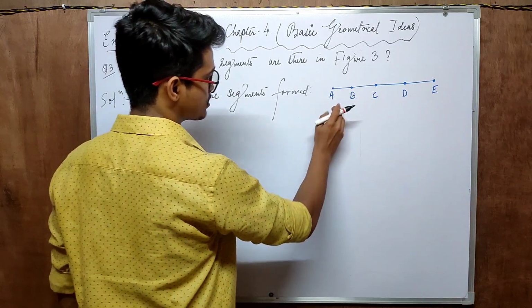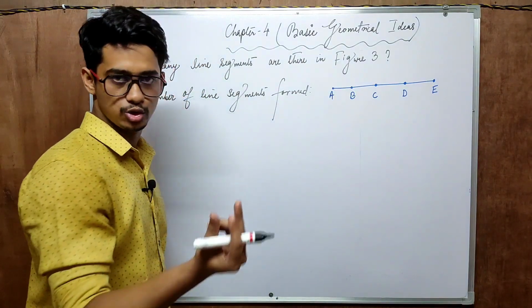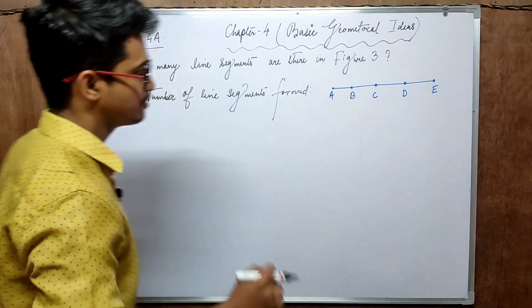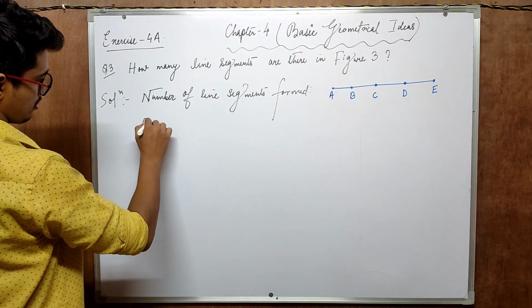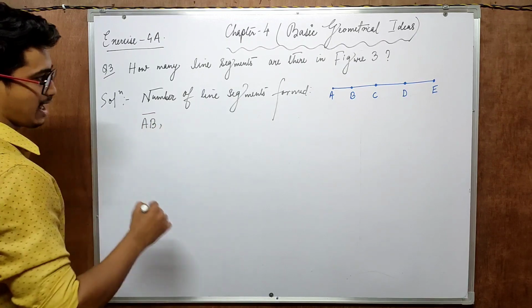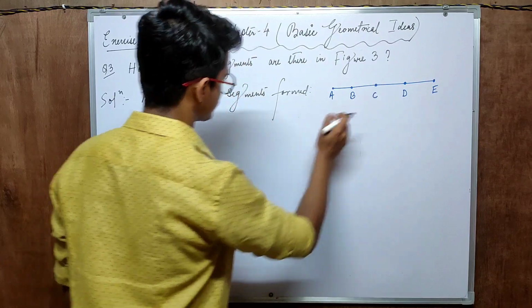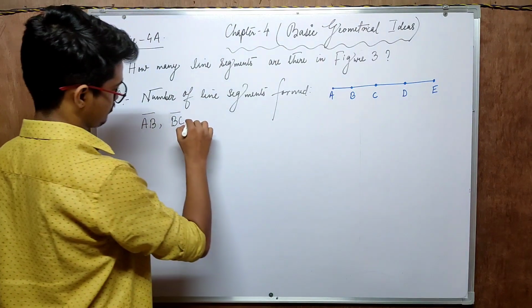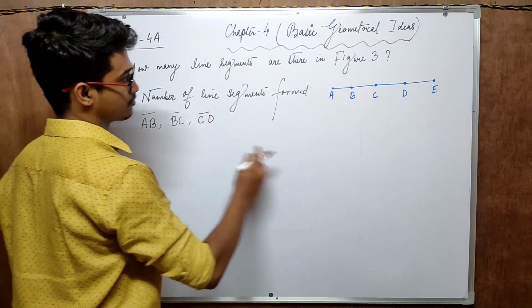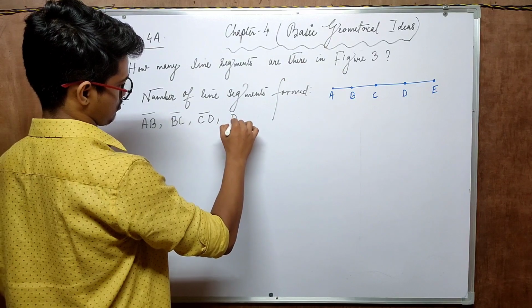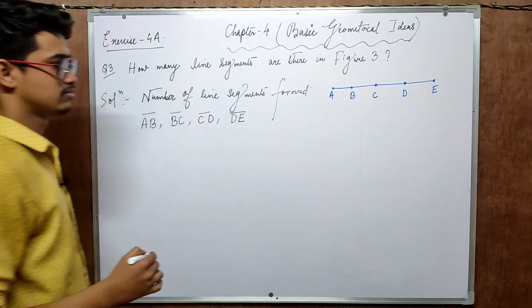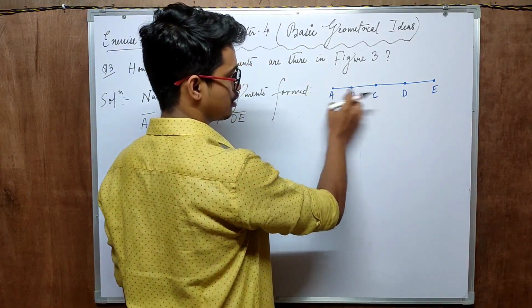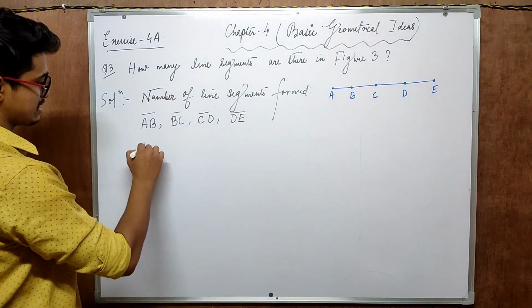First, observing this part, A and B, 2 given points are there, so that will be the first line segment. After that, BC, 2 endpoints are there, then CD, then DE. Right? And after that, A and C, 2 points are there, so that means AC.